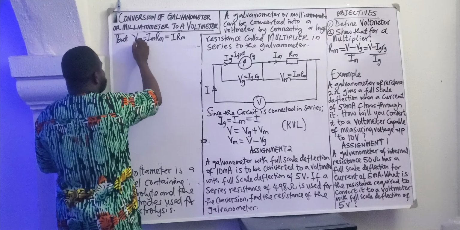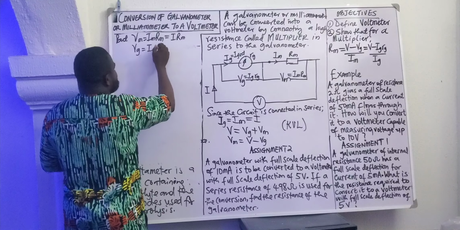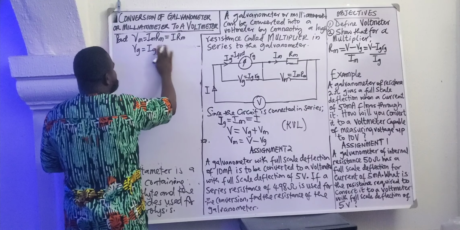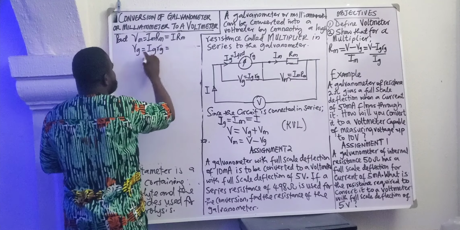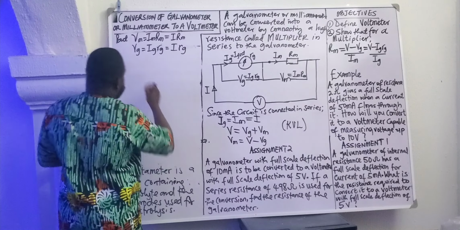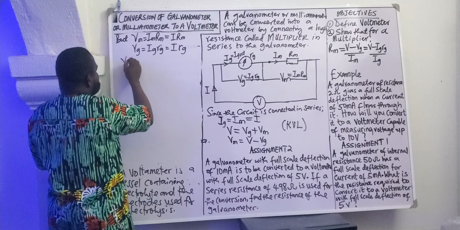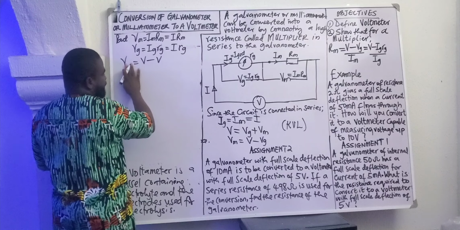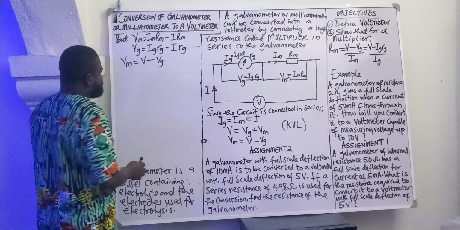Likewise, Vg is equal to Ig R_G. In place of Ig, I can put I, so I R_G. If I substitute it into this formula, I have that Vm is equal to V minus Vg.